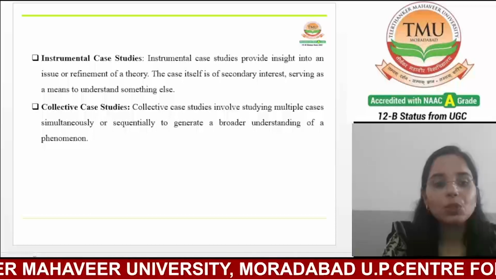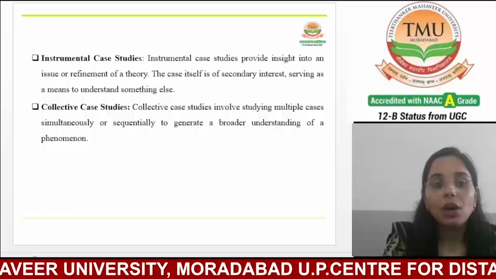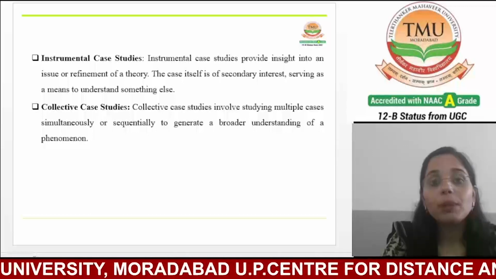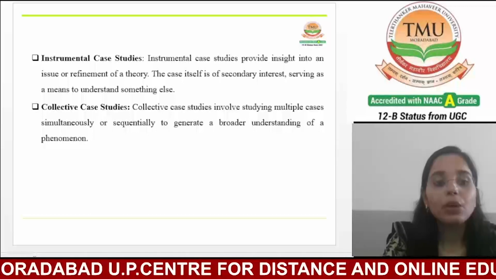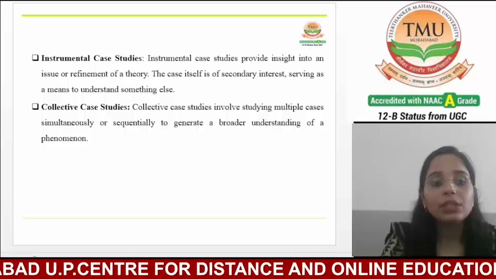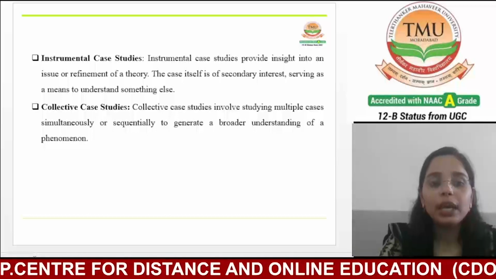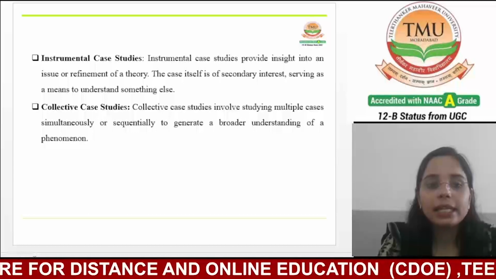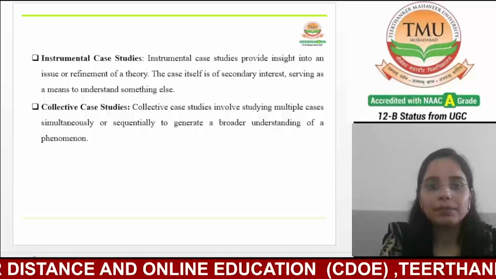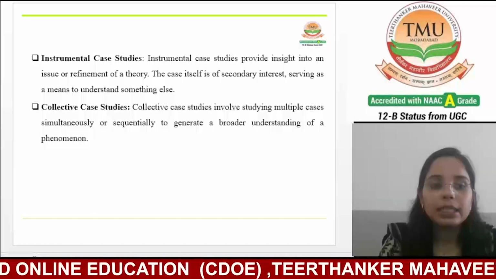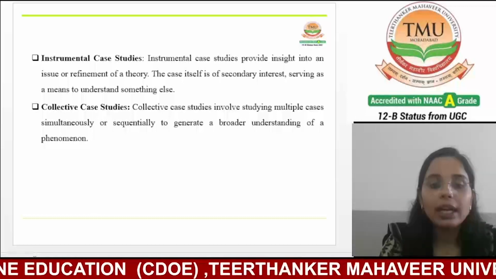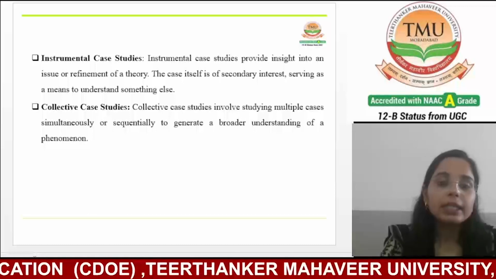The case is used as an instrument, or a means, to explore broader research questions. The goal is to learn something new about the issue rather than just understanding the case itself. Example: studying a successful company to learn about effective leadership strategies.